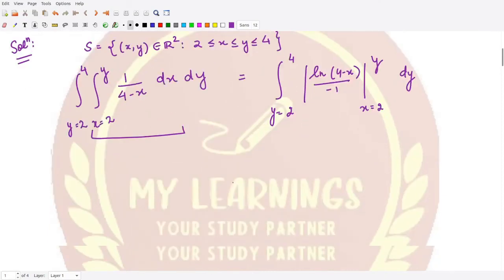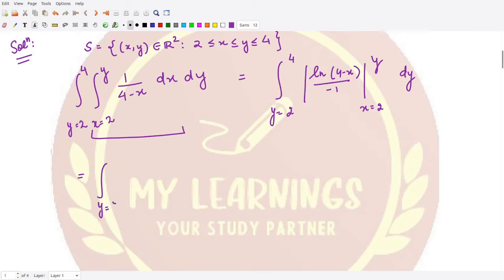We have integration varying from 2 to 4, and you could take minus outside. When you substitute y in place of x, you obtain ln of 4 minus y in the first term, and in the second term you obtain 4 minus 2, that is 2, dy.